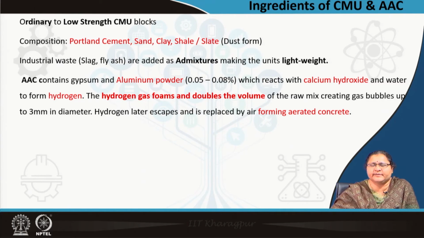The aluminium powder reacts with the calcium hydroxide, increases in volume and creates a lot of bubbles inside the material. The hydrogen eventually escapes and it is replaced by air, forming aerated concrete.